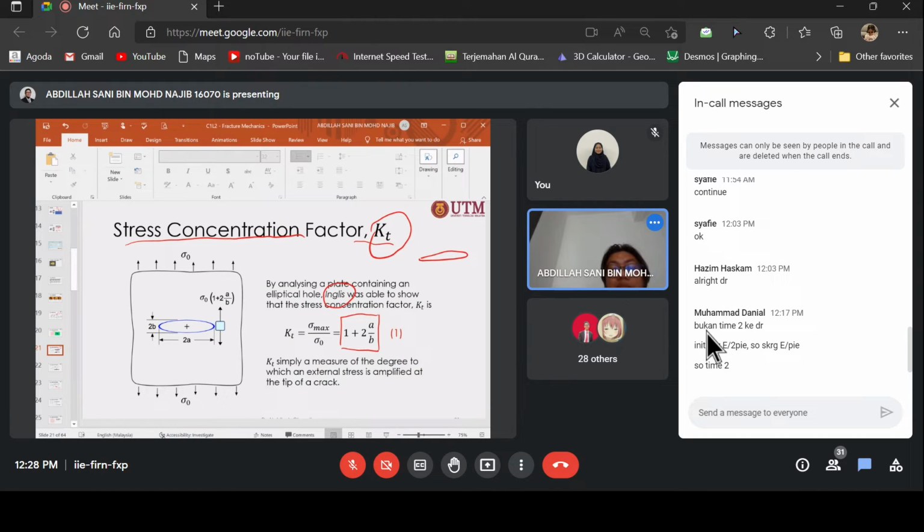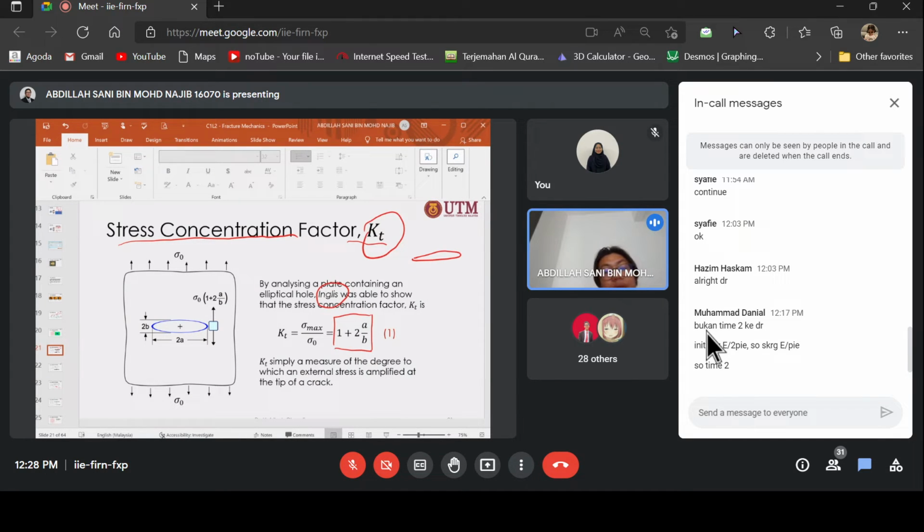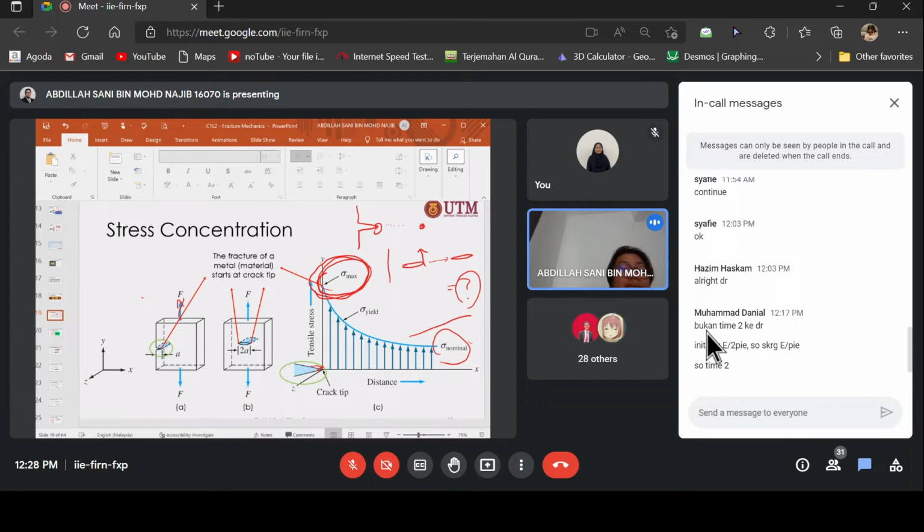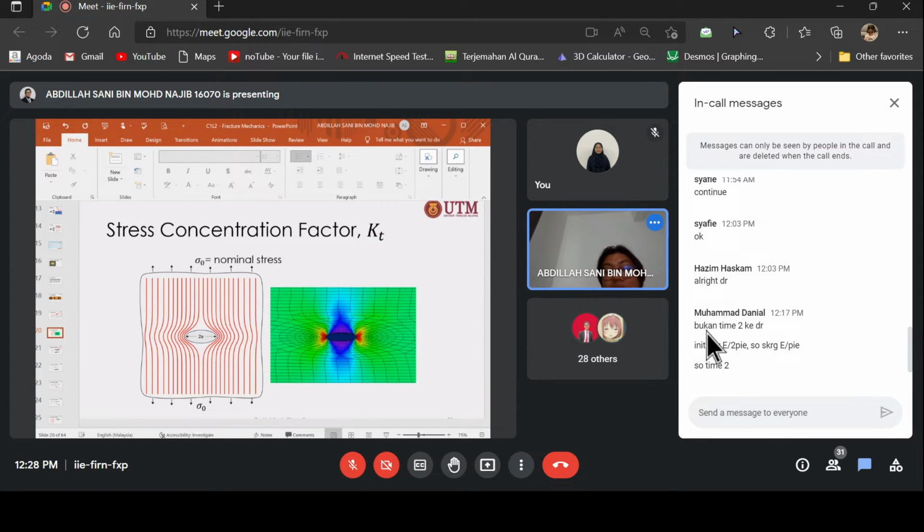What is meant by stress concentration factor? It simply means, if you look at this graph again, the maximum over the nominal one. What is the value of that multiplication? That is what is meant by stress concentration factor.